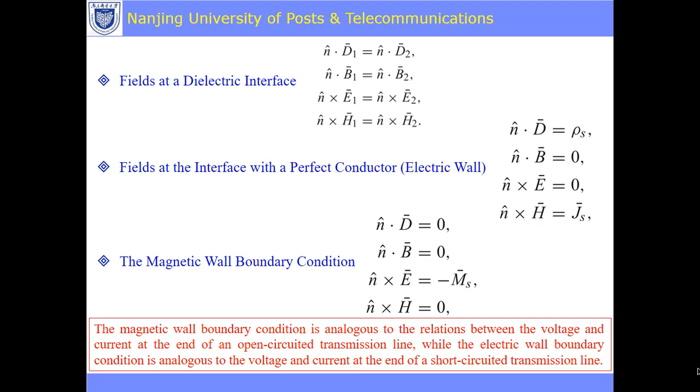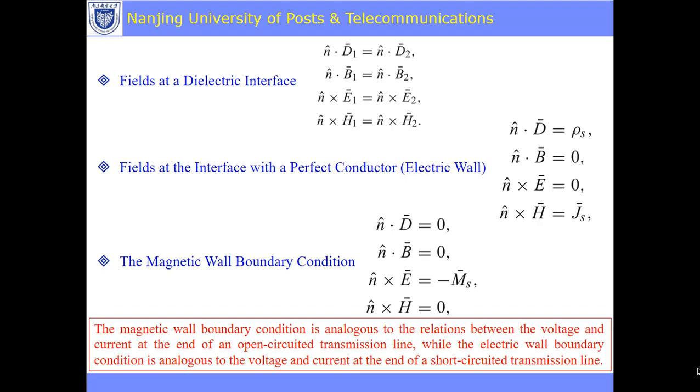While the electric wall boundary condition is equivalent to the voltage and current at the end of a short circuit transmission line. So you could relate those, right?